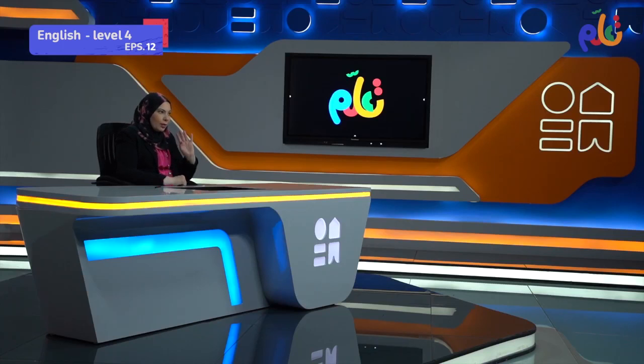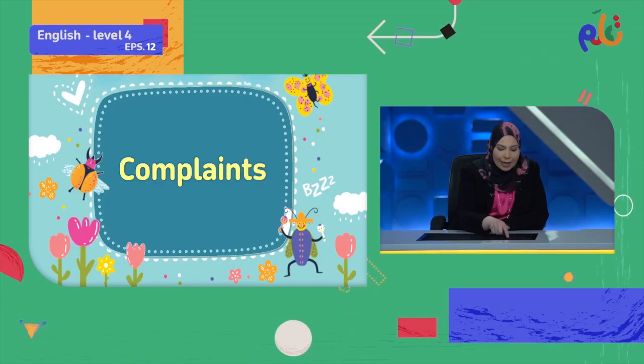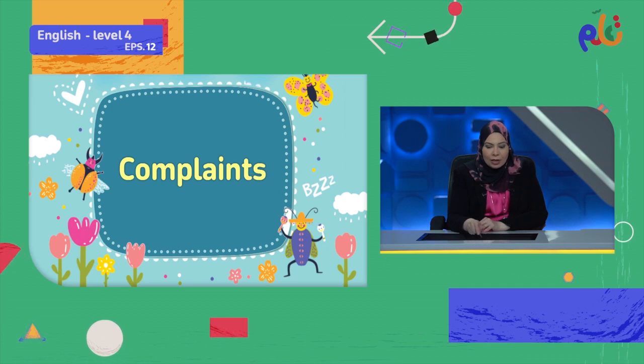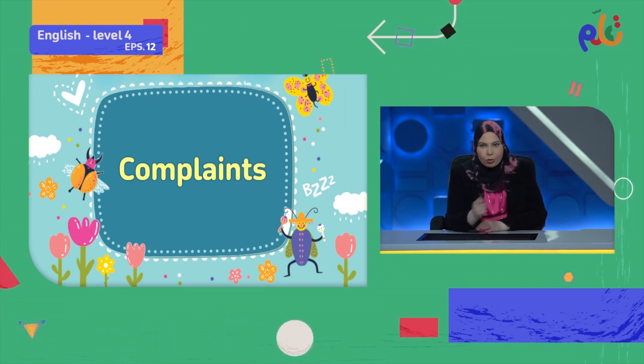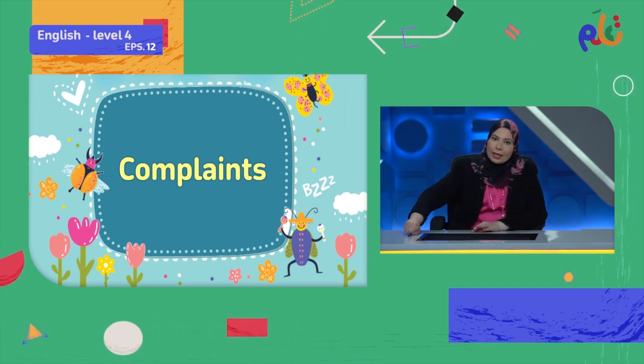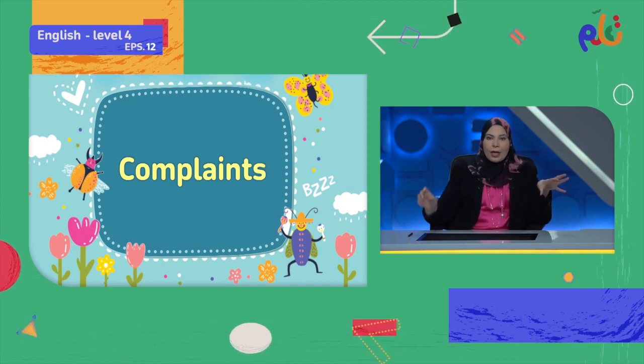The difference is that we are talking about two different forms. We're looking at a verb and we're looking at a noun. So if we're looking at the verb, it's called complain, and this is ending with an N, the normal word that we usually see. And if we're looking at the noun, it is a complaint if we're talking about singular, and complaints with the S if we're talking about plural. So here, complain, verb, and complaint, noun.